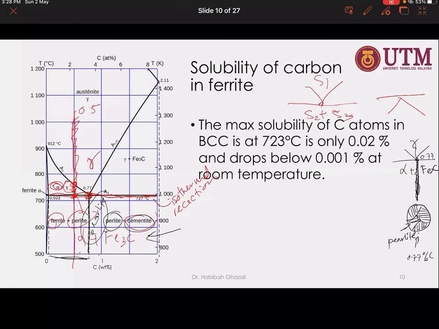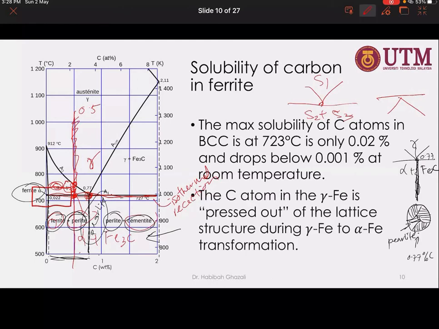And in this region, you get pearlite with ferrite, because ferrite is coming from this side. The carbon content in the gamma iron is pressed out of the lattice structure during transformation from gamma to alpha, or ferrite.